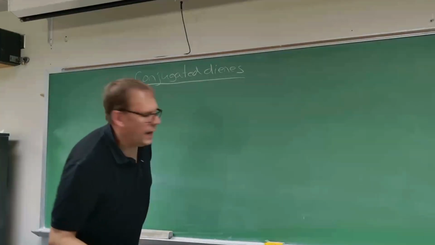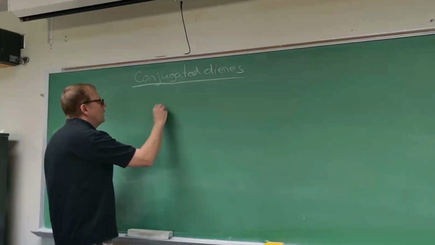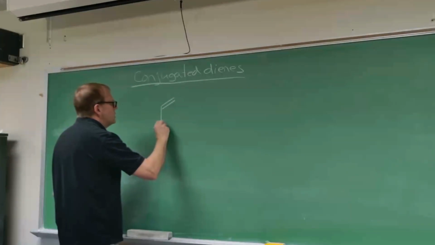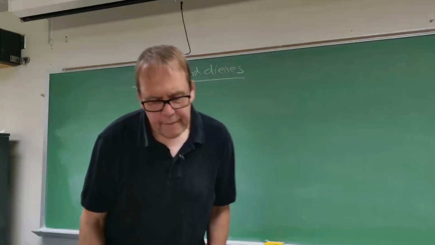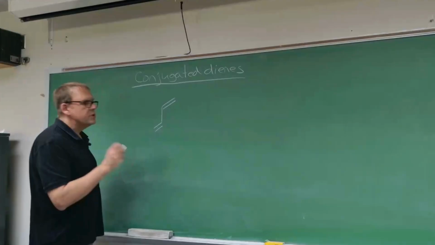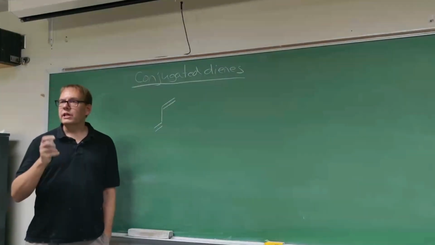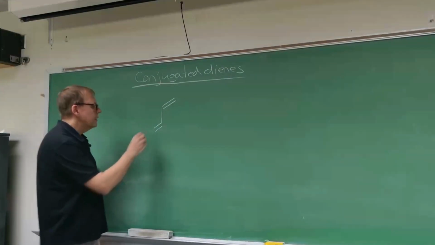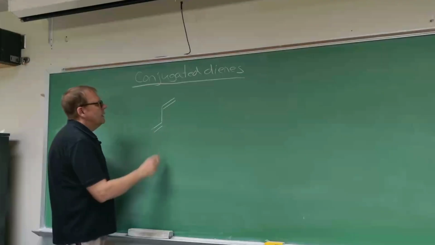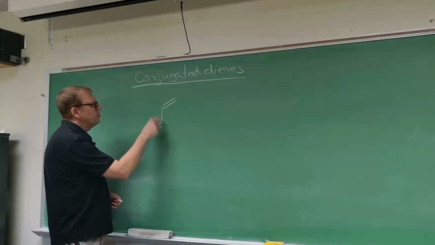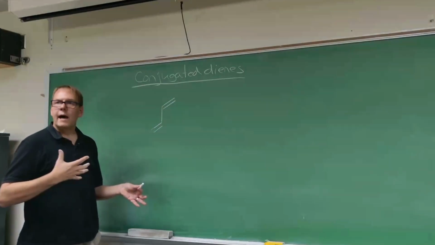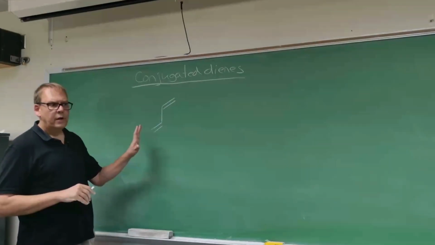So we're going to take a look at a conjugated diene like this, for example. There are two different important conjugated conformations for this molecule. It could be like this, and in this scenario, the p orbitals are all overlapping because the molecule is planar.